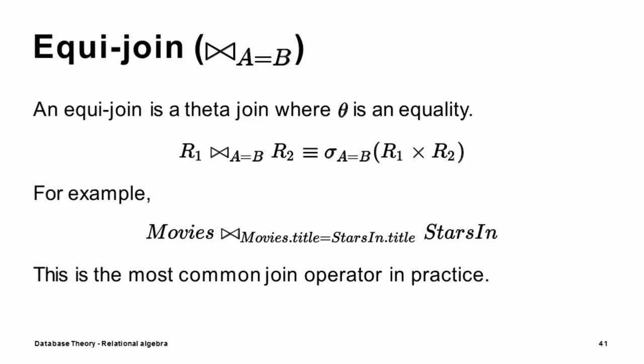That would be our equivalent of having that selection that we had earlier when we checked that the movie's title was the same as the stars in title. And once again, what you have to the left of the congruence symbol is the same thing and results in the same set as what you have to the right-hand side.